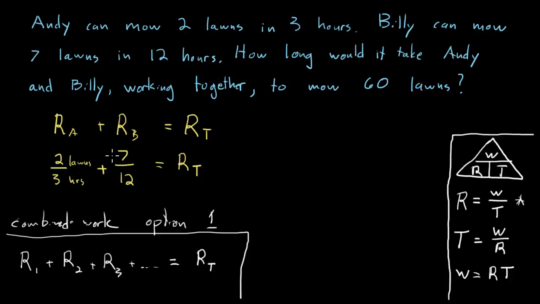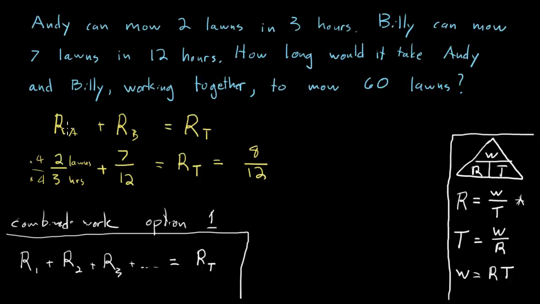We've got fractions here, so if I'm going to add fractions, I need a common denominator. I've got a 12 down here, a 3 down here. I can turn that 3 into a 12 if I multiply the top of this by 4 and the bottom of this by 4. And that will lead to 4 times 2 is 8 lawns per 12 hours.